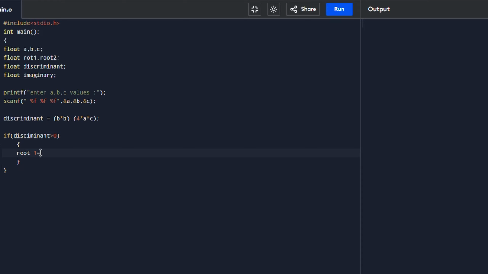Root 1 is equal to minus b plus square root of discriminant divided by 2 star a.